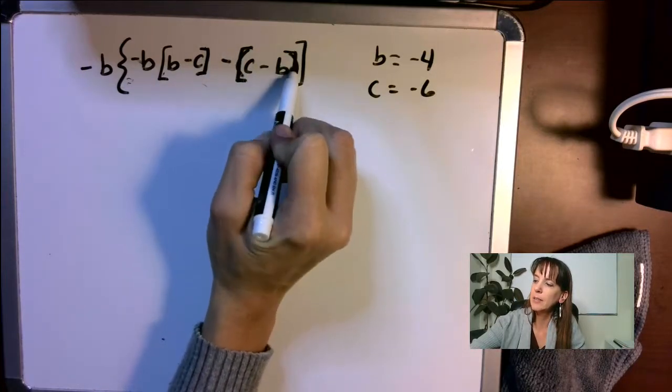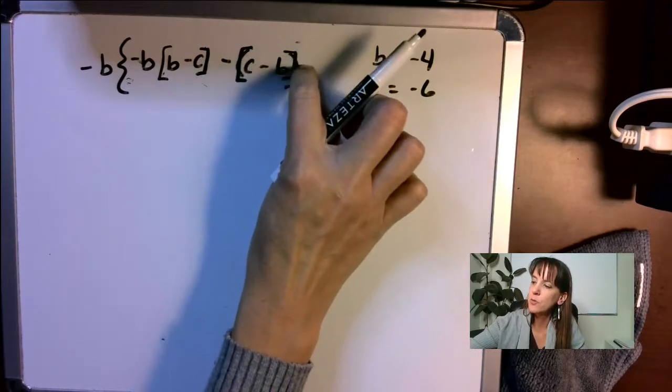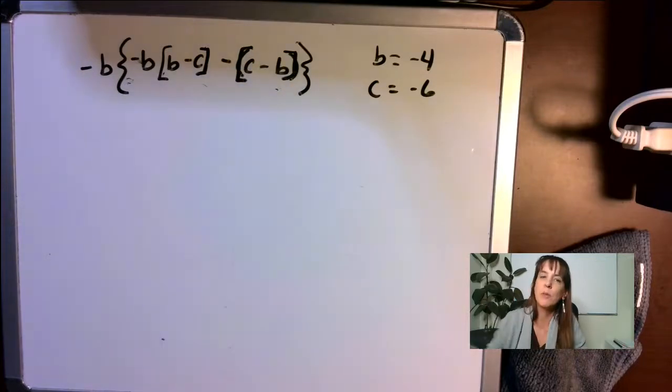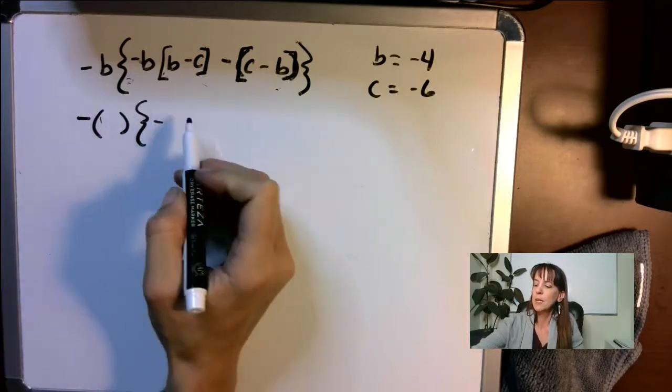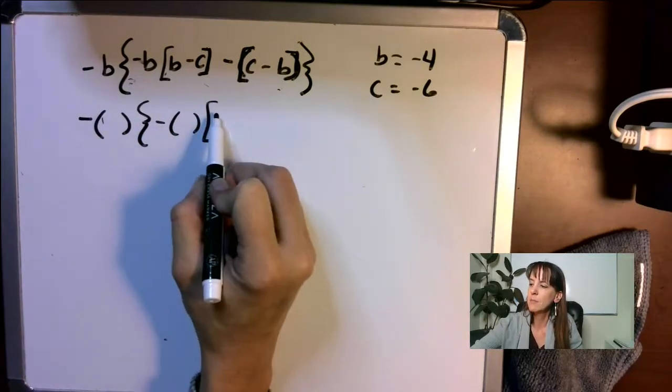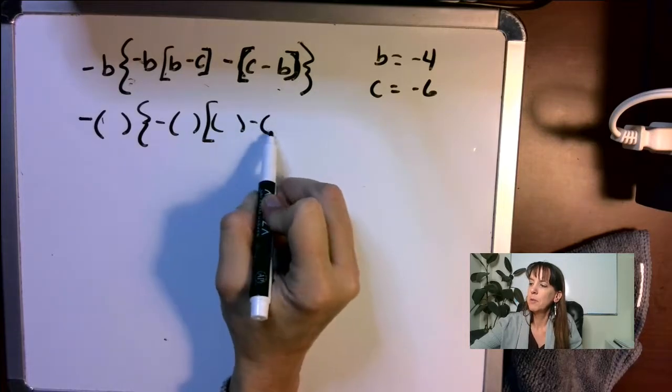Make that into a bracket, and I'll turn this guy into a brace. So you can rewrite it. I'm just going to run out of room if I do. All right, so let's put in our parentheses, negative bubbles, minus bubbles, bubbles, bubbles.